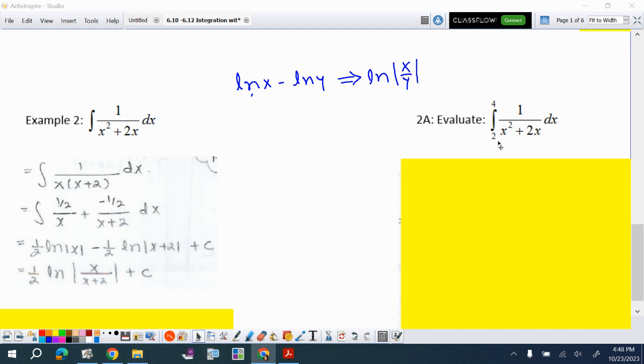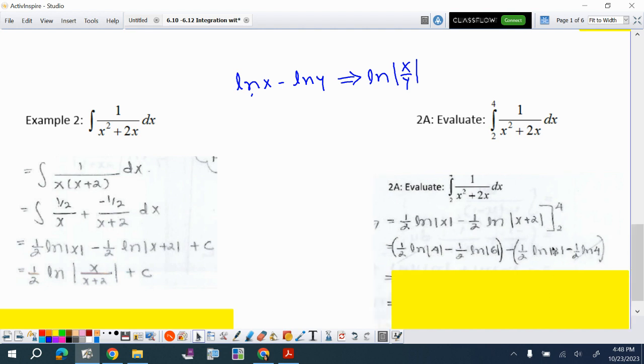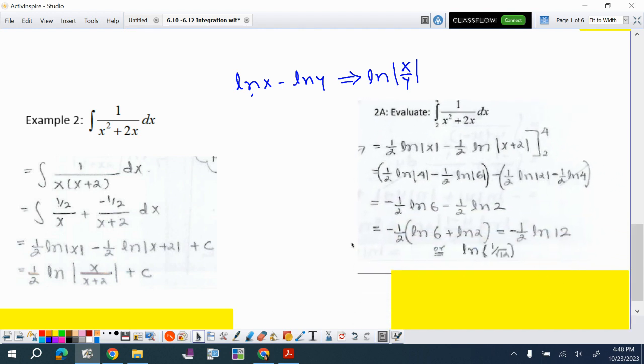Okay, so let's take a look at this definite integral. This is the same as example 2, this is example 2a. We have a lower bound of 2 and an upper bound of 4. So we have to do partial fraction decomposition, and then apply the fundamental theorem of calculus, which means you have to substitute 2 and 4. If you substitute 4 minus ln, you are just substituting.